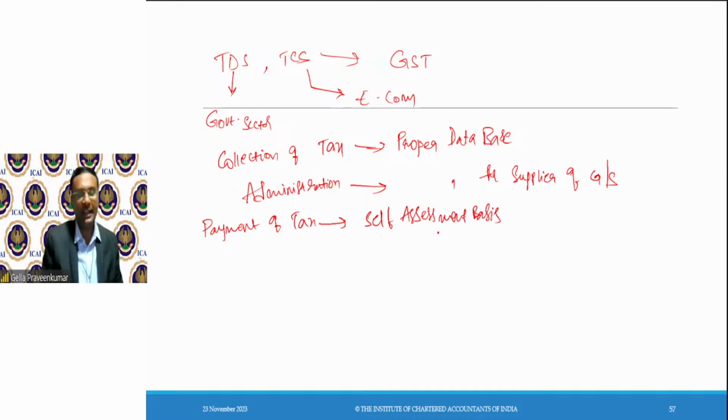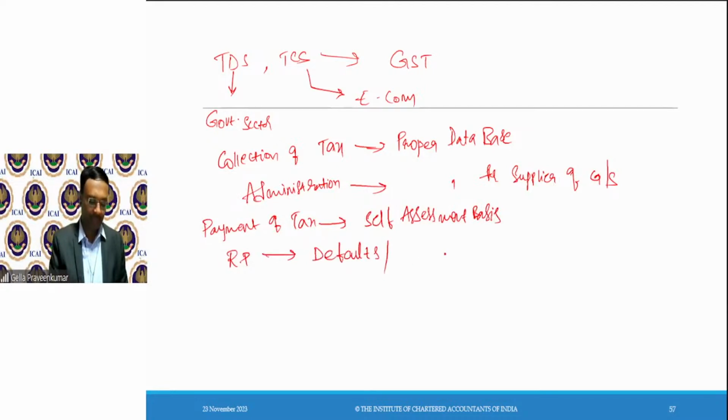Now, when I say this, the government may not get the revenue if the taxpayer or registered person defaults, or I would say suppresses the data.